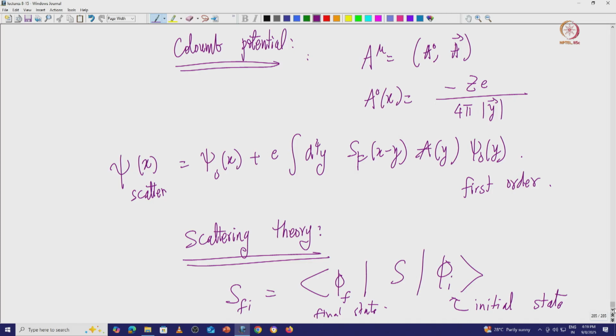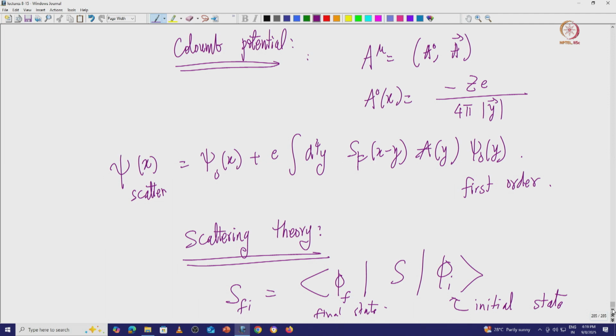Given this scattered wave function, I can project it with the final wave function, essentially in the fashion as follows.